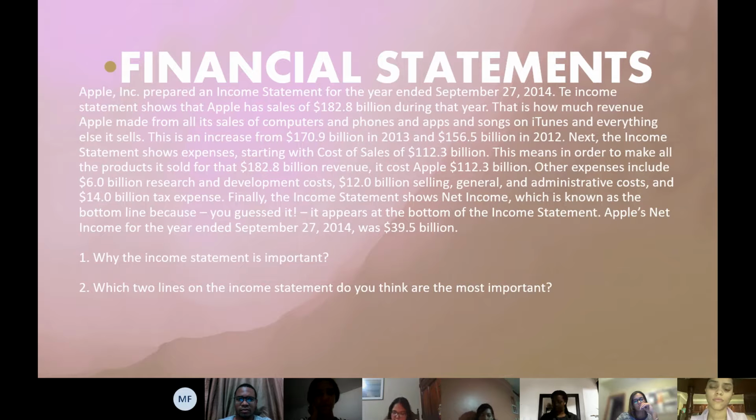Subtracting the expenses from revenues provides the total profit during the given accounting period, usually a year or a quarter of a year. And the second question is, which two lines on the income statement do you think are the most important?